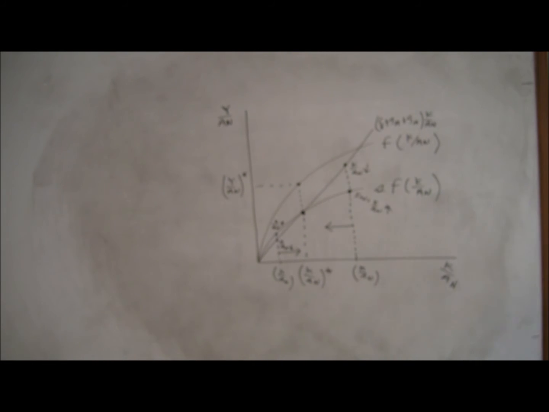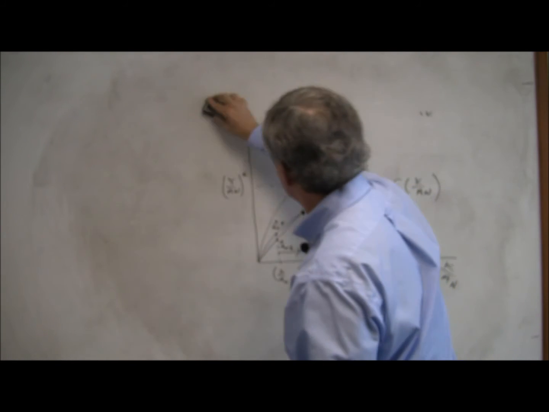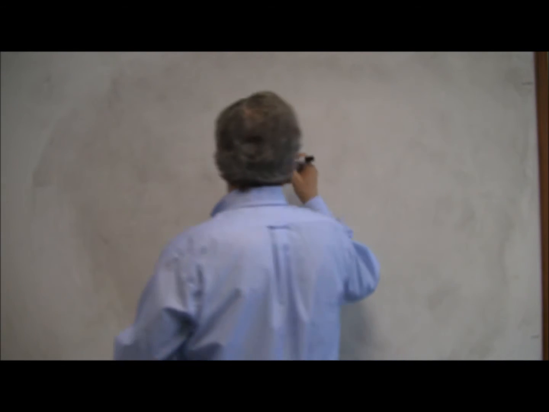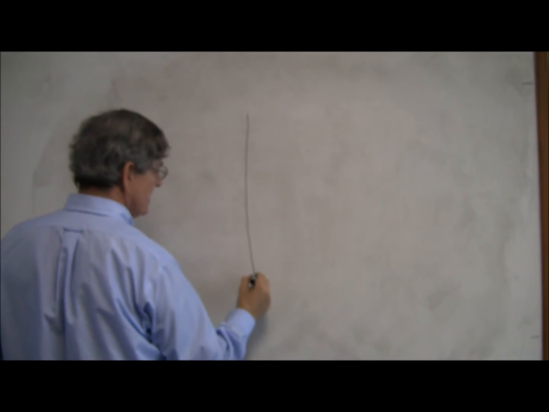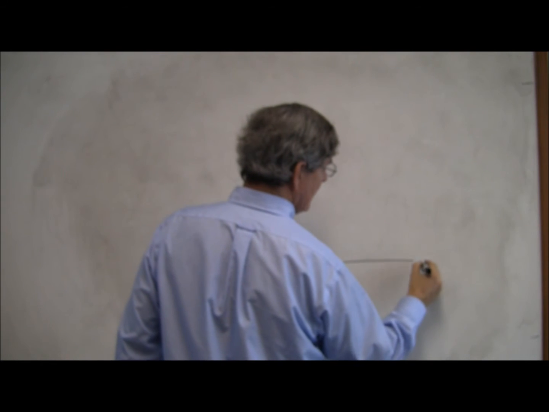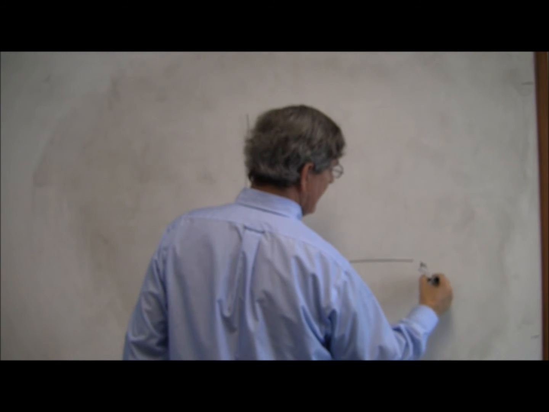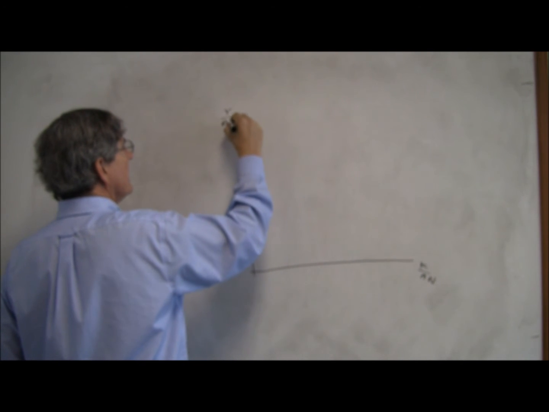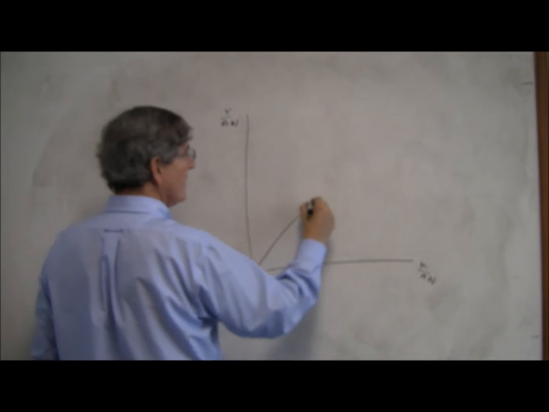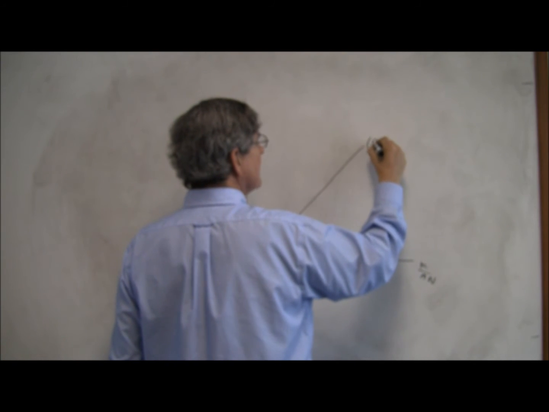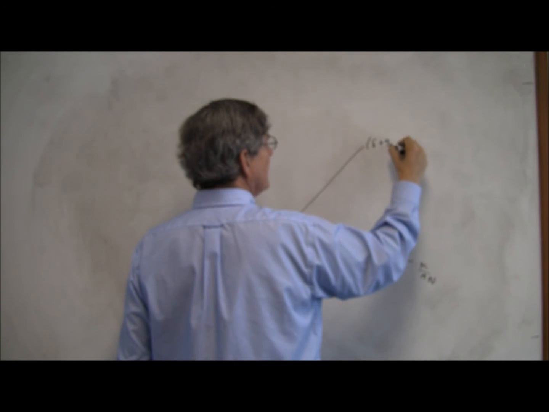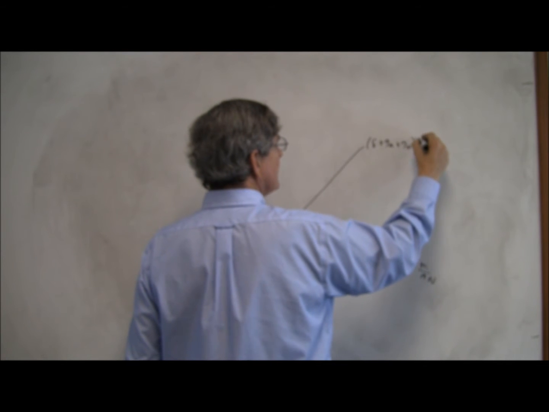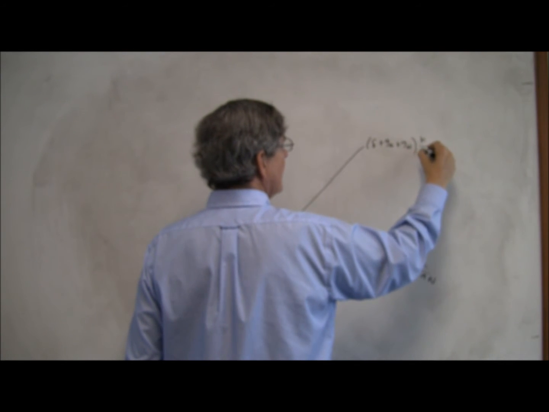Okay, let me redraw just the equilibrium, and then we can make some points about it. So here's what our model looks like. We have K over AN on this axis, Y over AN on this one. We have delta plus GA plus GN times K over AN.